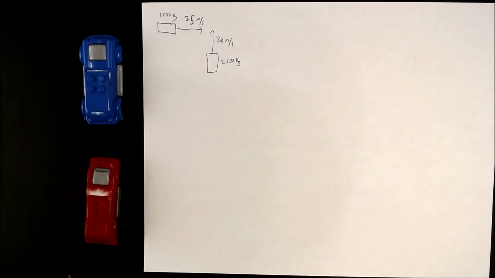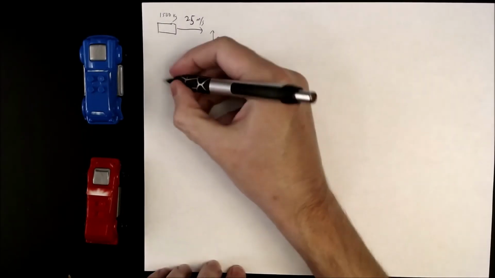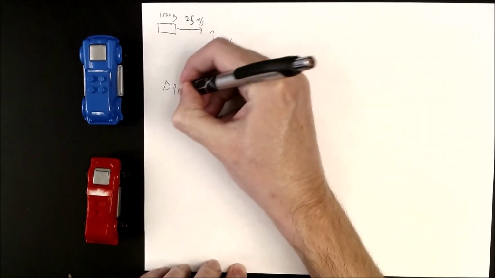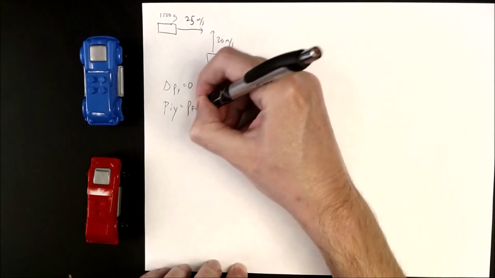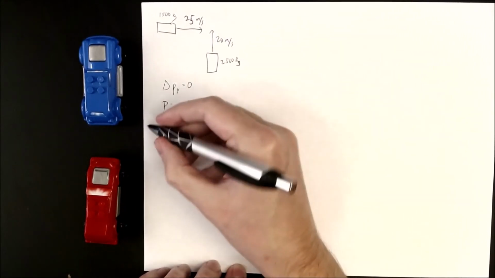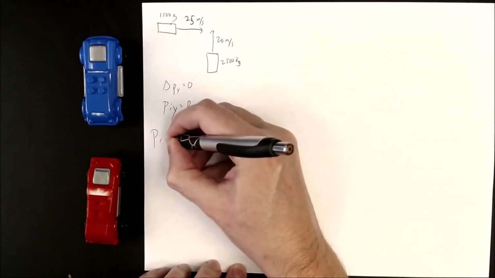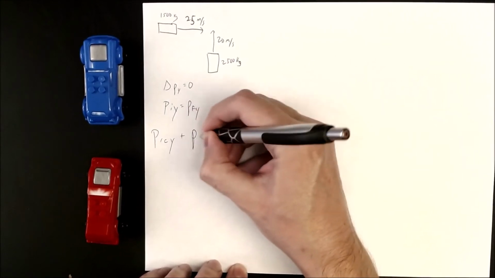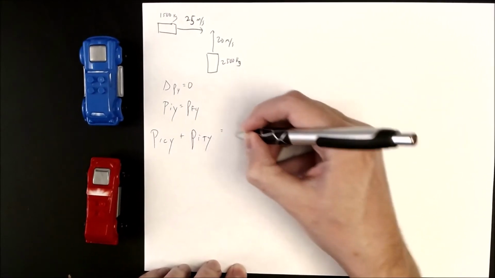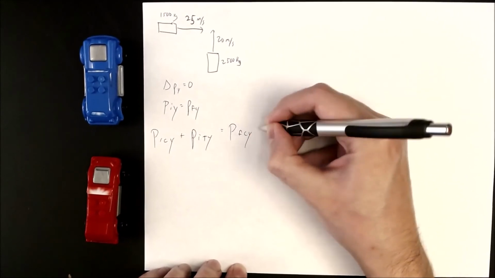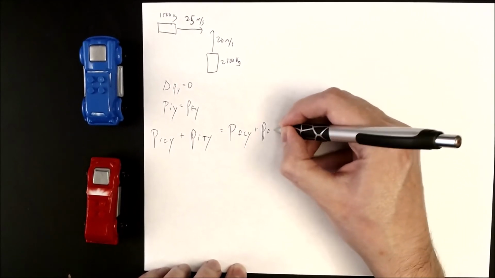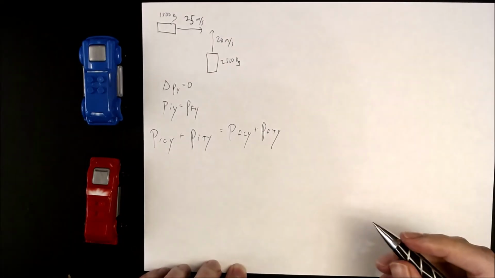Let's finish off this problem by looking at what's happening in the y direction. Previously we said that delta py is equal to 0, therefore p initial y is equal to p final y. P initial y is going to be the momentum initial car y plus momentum initial truck y. That's going to equal momentum final car y plus momentum final truck y.